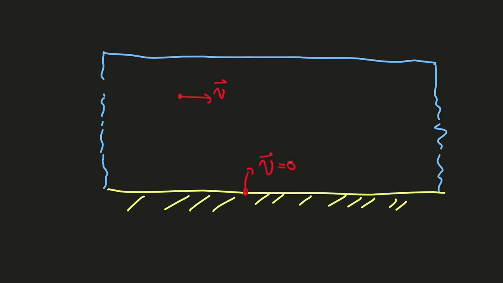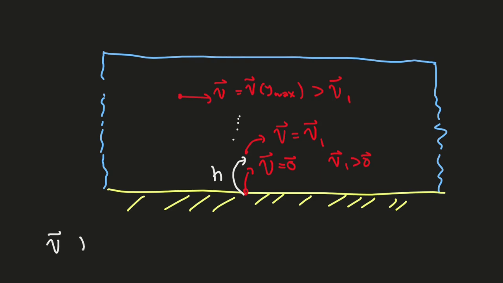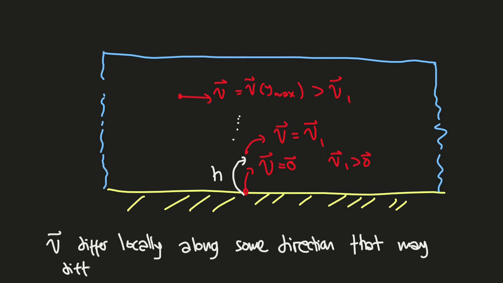If we take a step higher, let's say h, we get velocity v1 vector, with the same direction, greater than the zero vector. Then we go higher and higher in the continuum body, so we get the v vector we placed first, which is at the max level of the continuum body and is greater than the earlier v1 vector.